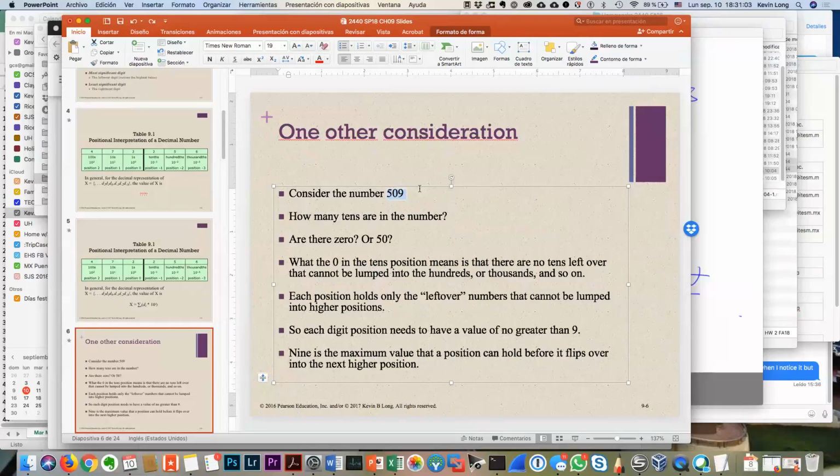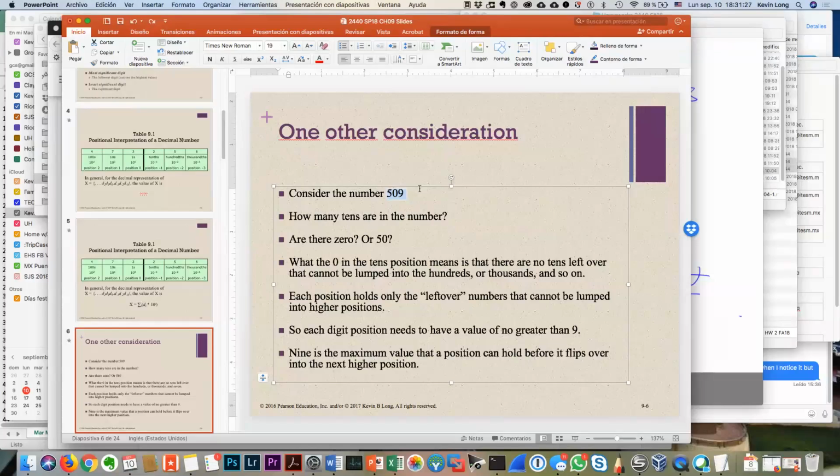That which won't fit is left over. And that's what you put in your position. So what is in this zero's position is the remainder that exists after handing as many 10s as you could to the left. And what you were left with was 0 because it was an even multiple.